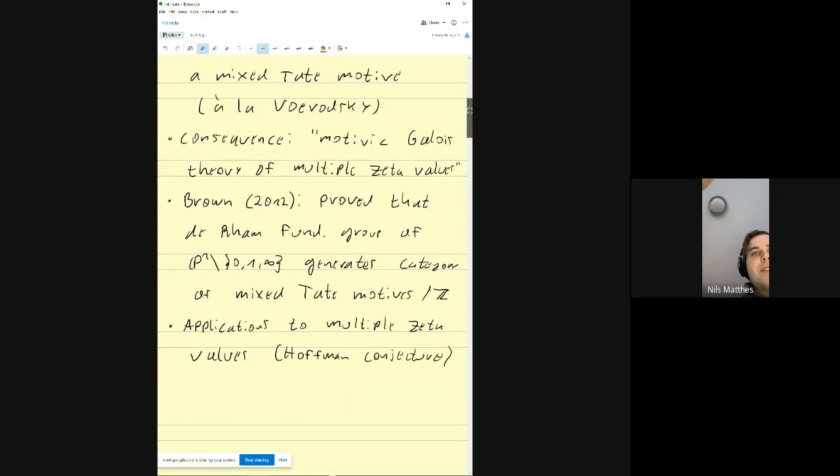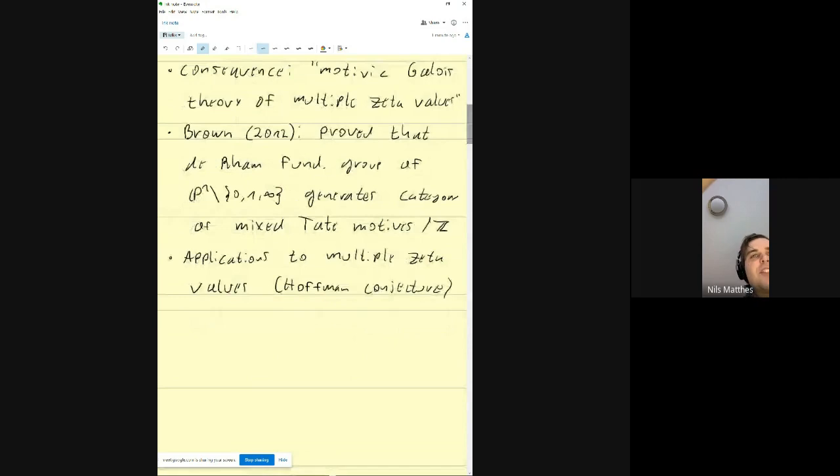And some of the motivation for this project with Tiago is that you want to do something similar for elliptic curves. So instead of the projective line minus 3 points, more precisely for once-punctured elliptic curves.